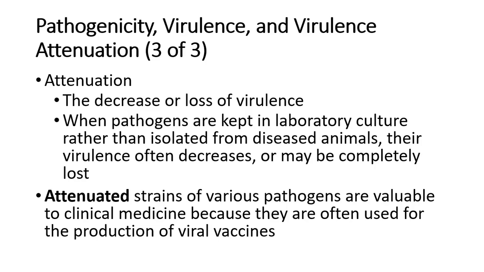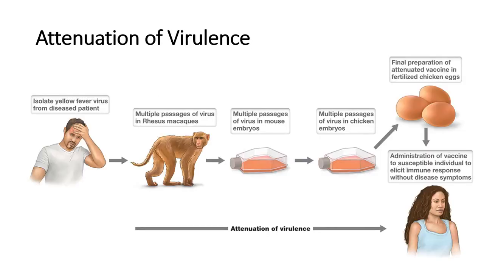We use attenuated strains of these pathogens, often in vaccines. Okay, you'll have an attenuated vaccine. We'll have a whole lecture on vaccines, but that basically means that those viruses have lost a lot of their virulence. Their LD50 factor has gone down. So that is important to us.